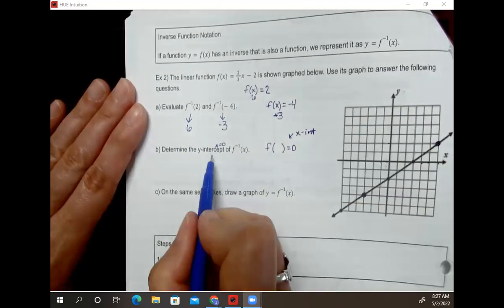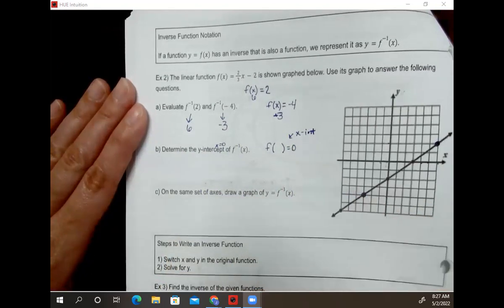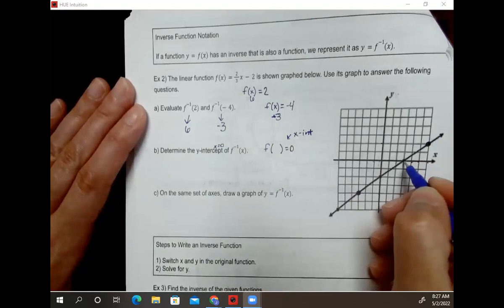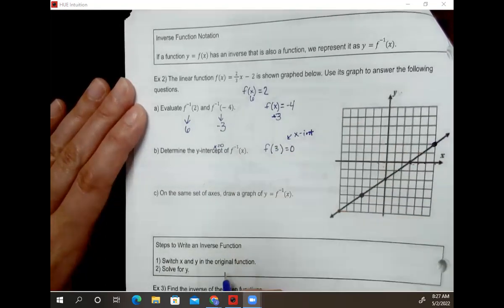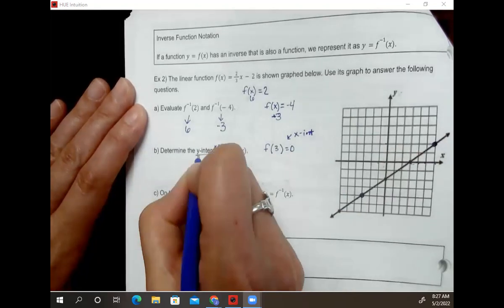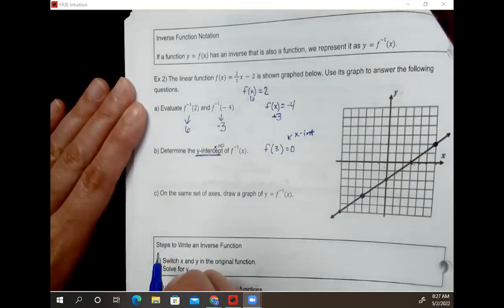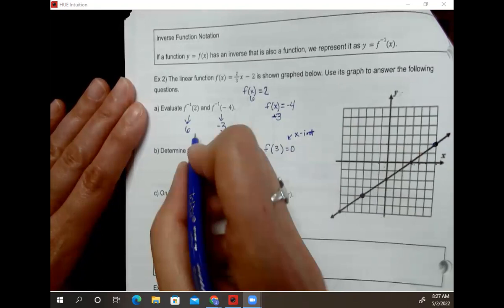The y-intercept of my inverse function comes from the x-intercept of my original function. So my x-intercept for my original function would be 3. That means that my y-intercept, I know this is confusing going back and forth, but my y-intercept for my new function would be 3.